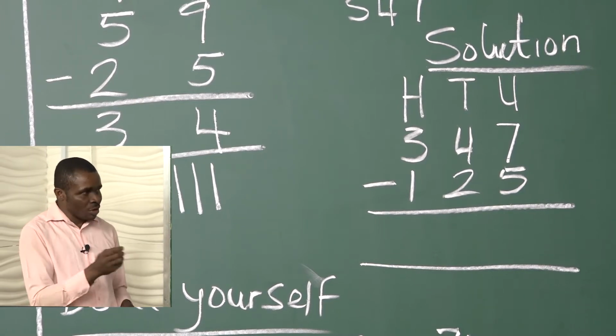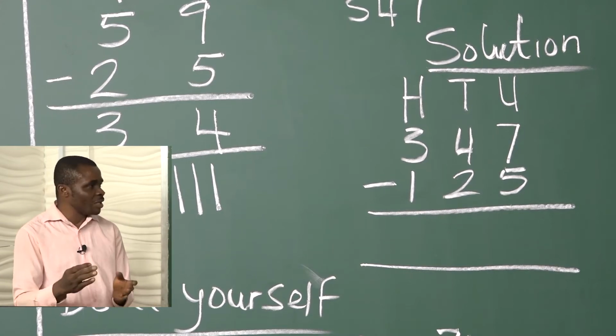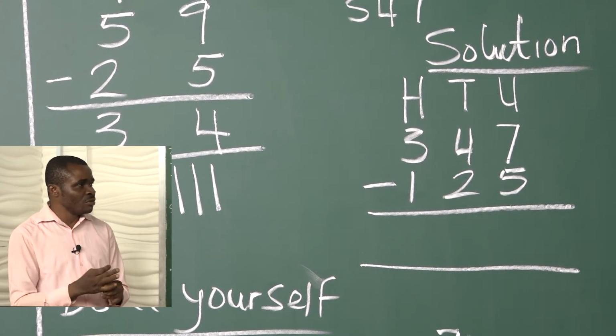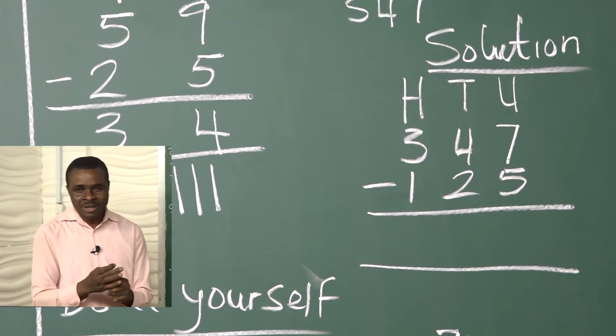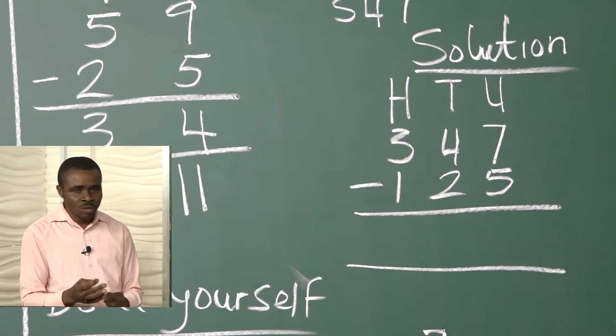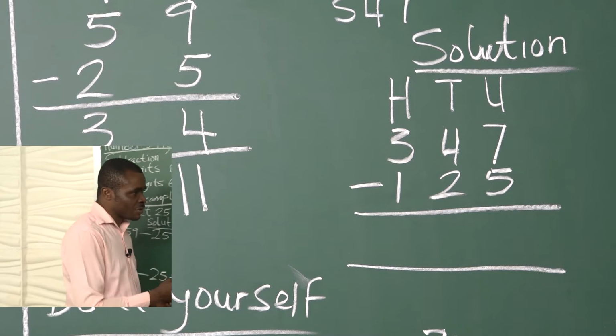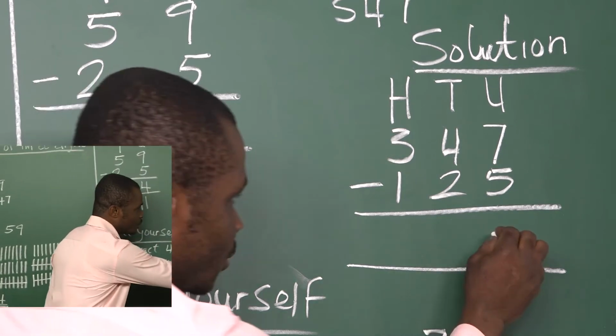You strike it off, showing that it has been removed. After that, you count the ones that are remaining. Out of the 7 strokes, after removing 5, you should have 2 strokes left. That shows 7 minus 5 gives you 2.